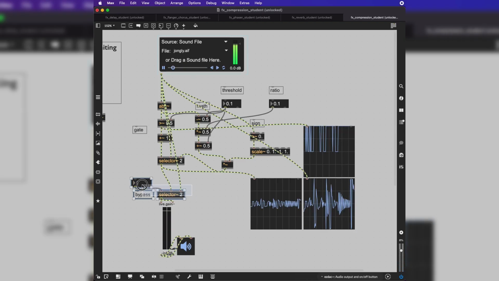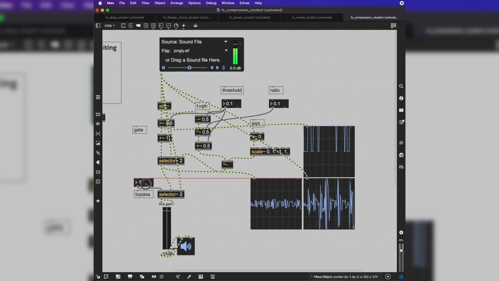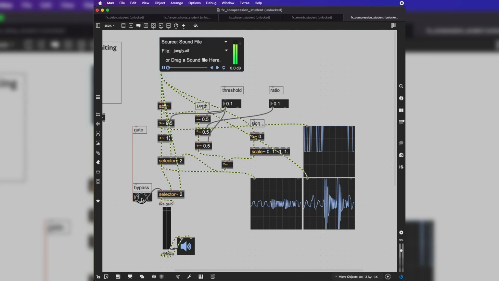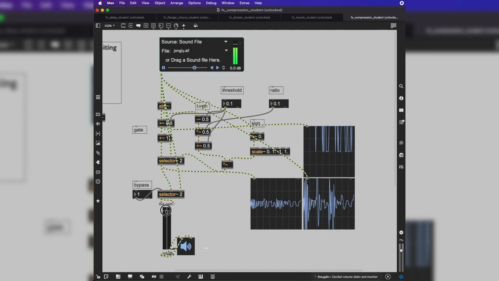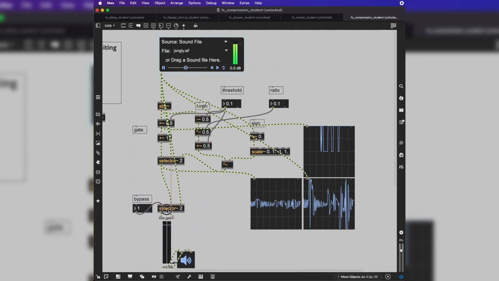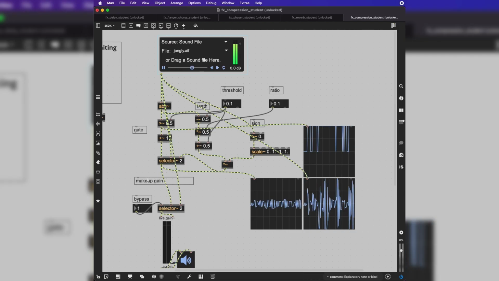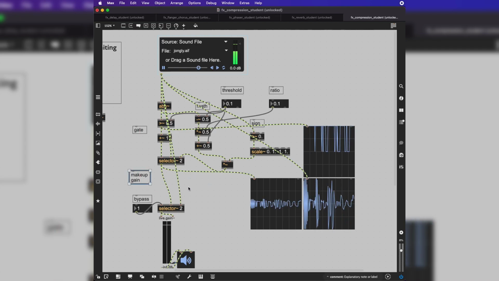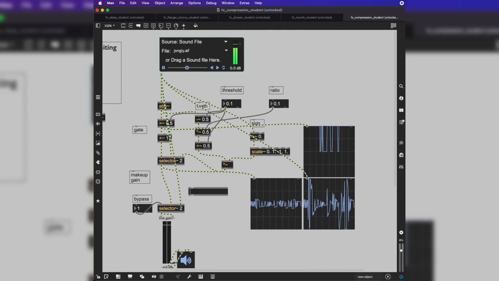So another important parameter in compression settings is the reason why people think a compressor makes everything louder. It doesn't actually make everything louder, but I will show you that if you use something called a makeup gain, so you are increasing the gain of the resulting compressed signal.